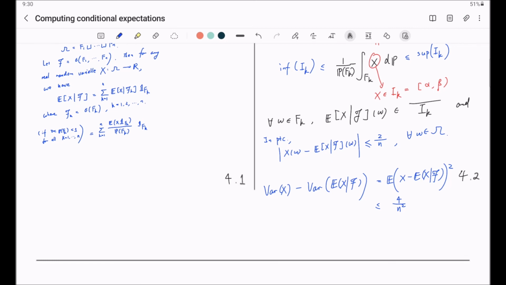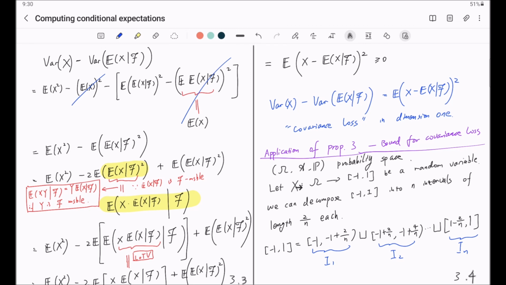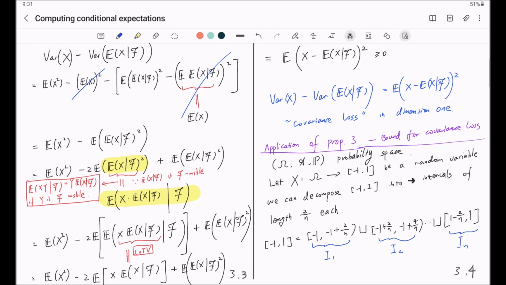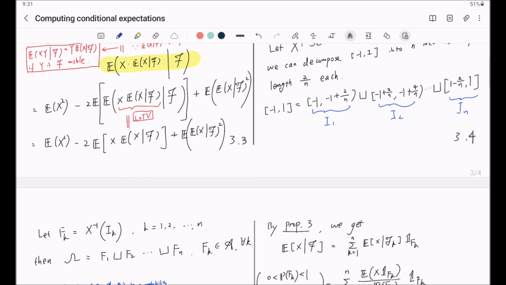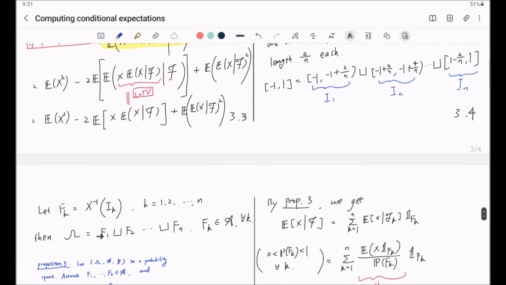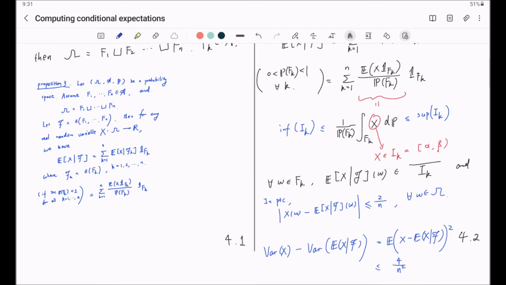So what does this tell us? This tells us that given a bounded random variable and given an integer n, there's a way to construct a sub-sigma algebra which is generated by n many sets such that the covariance loss can be controlled by 4 over n squared.